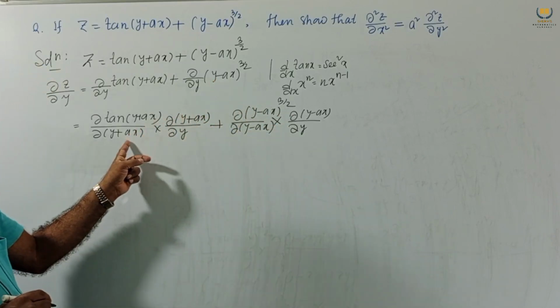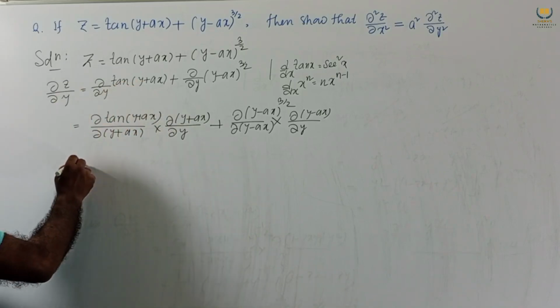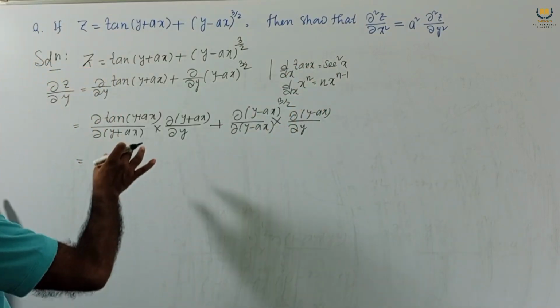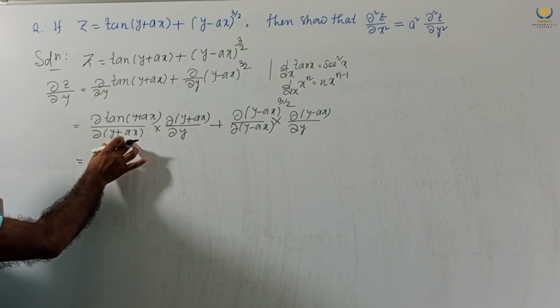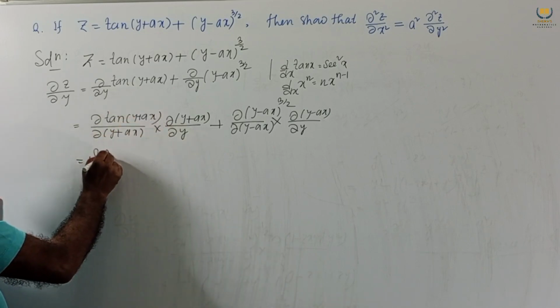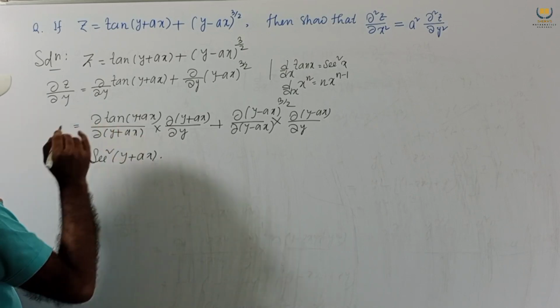Here also extra, cancel, this and this, we get this. So if x is the same, then we write sec square x. Here also x is the same. We assume this is x, so d dx of tan x will be sec square x. X means y plus ax.